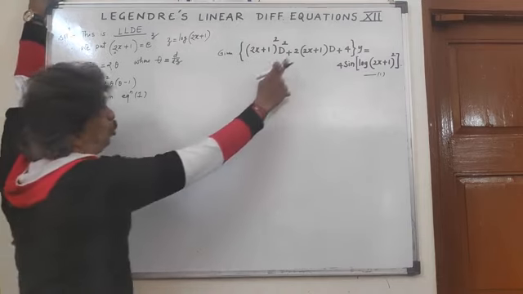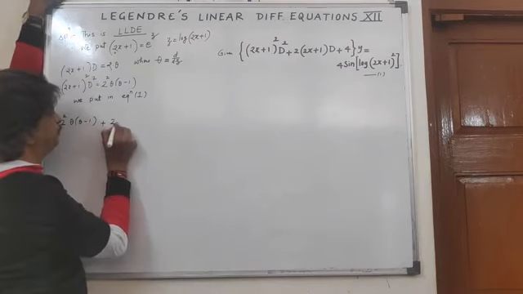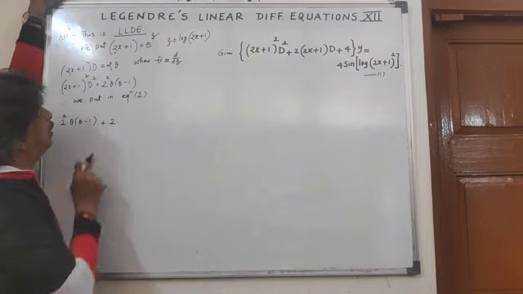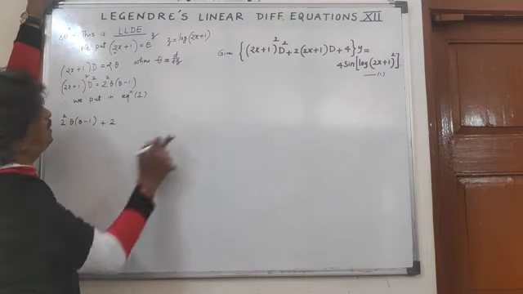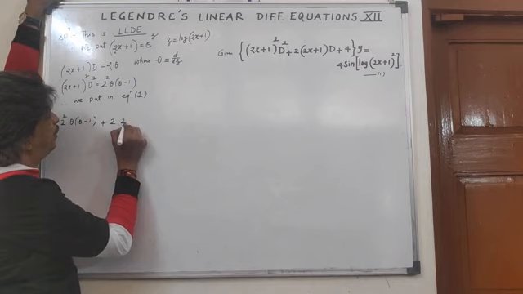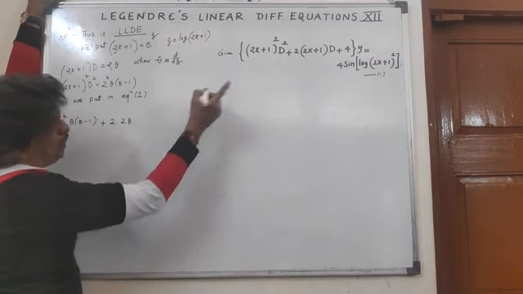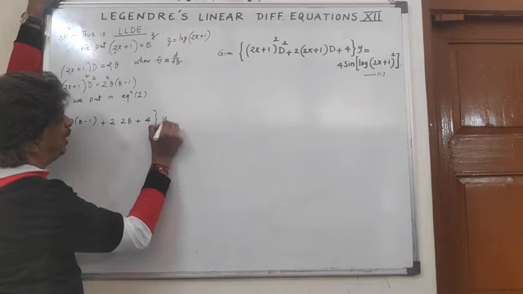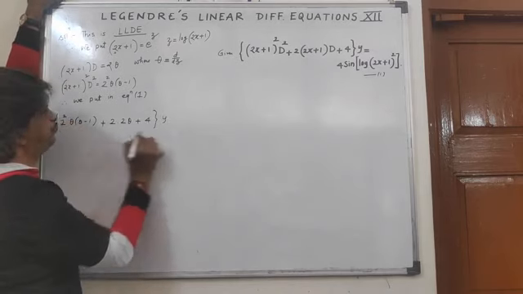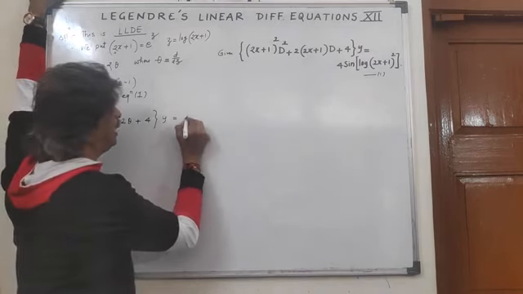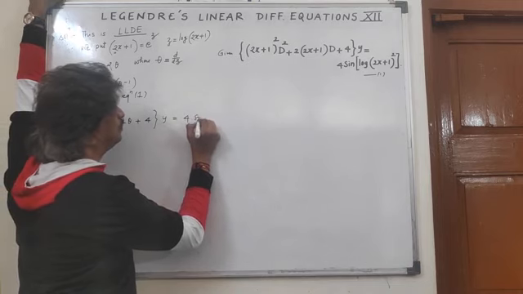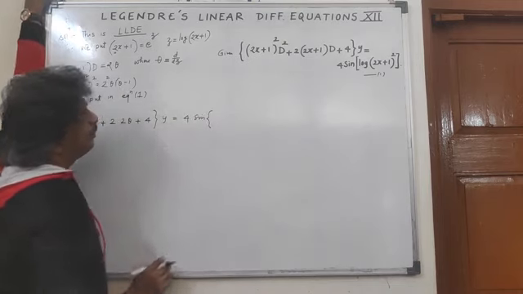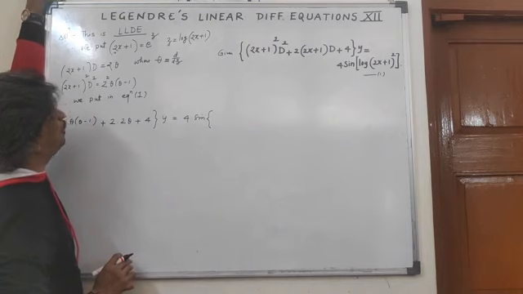plus 2 times 2x plus 1 into D, which is 2 times theta, plus 4, operating on y is equal to 4 sine of log of 2x plus 1.